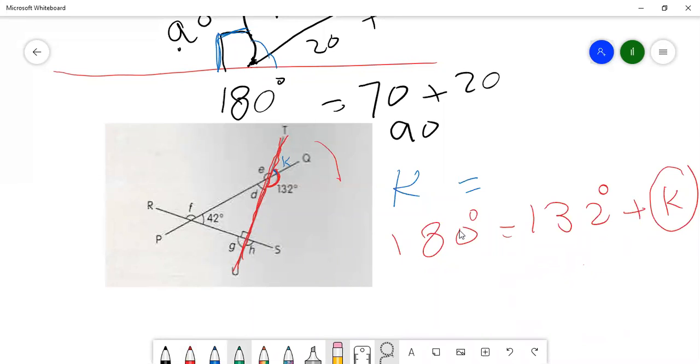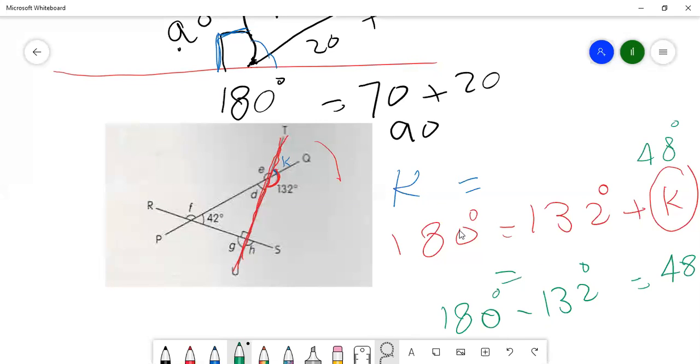Okay, I will tell you the answer. 180 minus 132 is going to be 48. Right? 48. Why? Because 48 plus 132 will give me 180. So K equals 48.